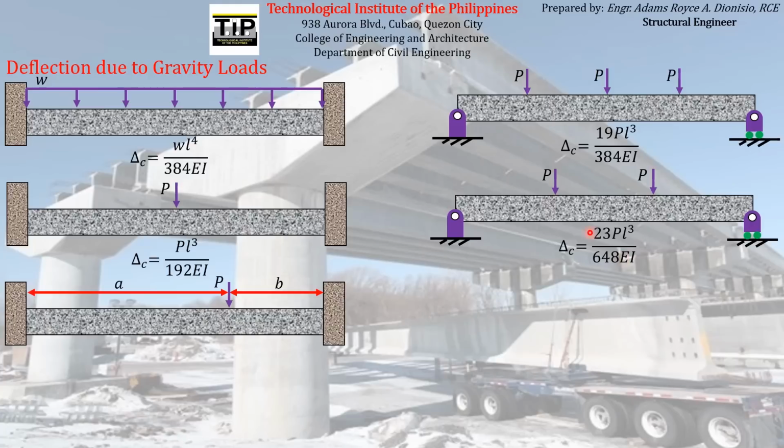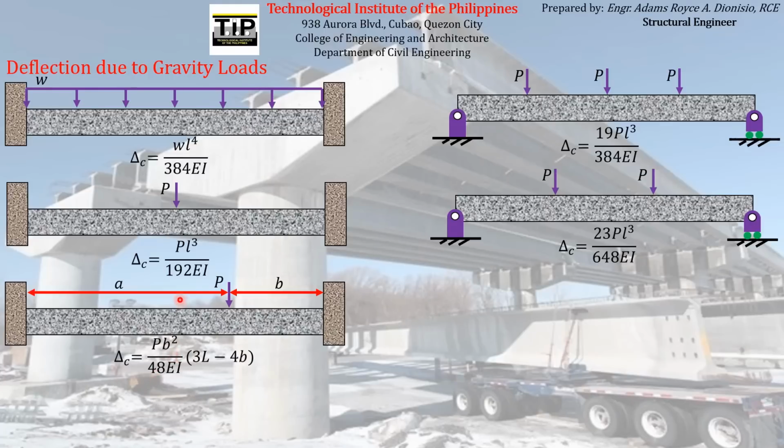And then additional formulas will be this. This is actually the general form of the formula that you have seen here. The deflection at midspan, at the center, for a fully restrained beam acted upon by a single concentrated load P at a distance A from the left support and at a distance B from the right support is just equal to this formula.